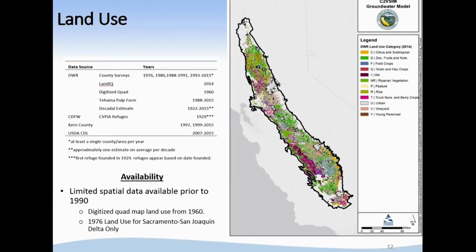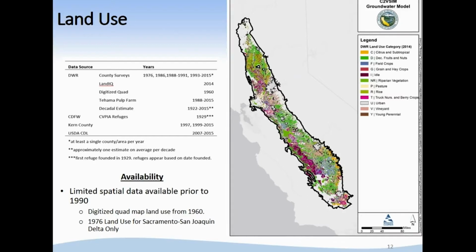Land use, again, I'm just going to stay on the surface. Tyler, later on Wednesday, is going to give a more detailed presentation on this one. I just want to talk about the data sources we used for land use. We used DWR land use surveys from 1976 to 2015. Right before we wrapped up our land use work, DWR came out with the 2014 statewide land use data, so we used that information as well.